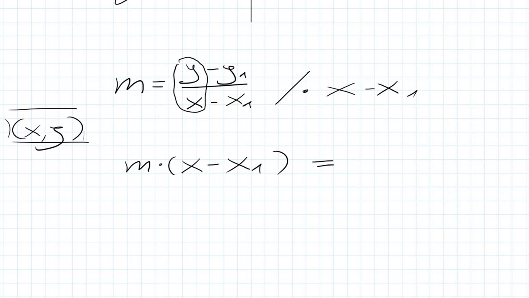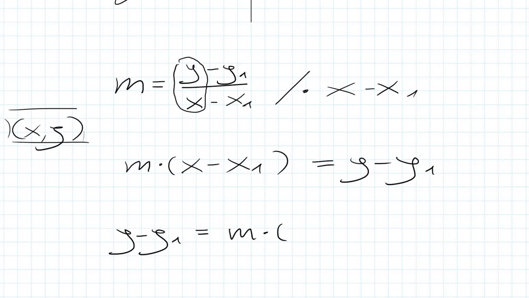Of course, this x minus x1 cancels on the right side, and we are left with y minus y1. And I will just change the order of the two sides of the equation. So we get this.